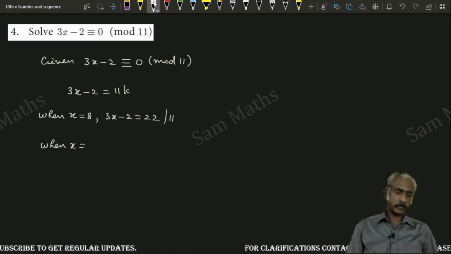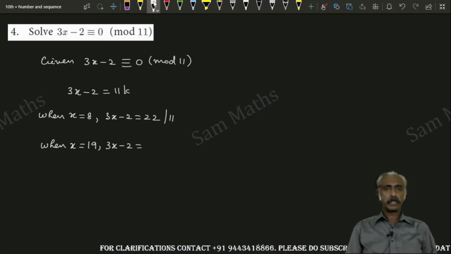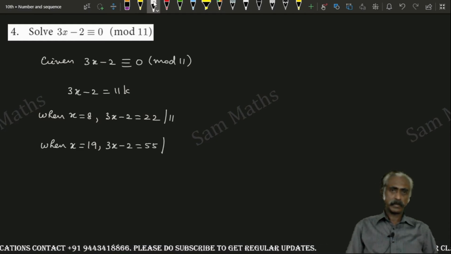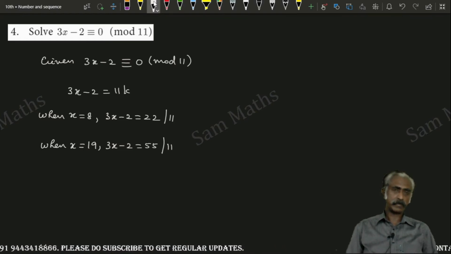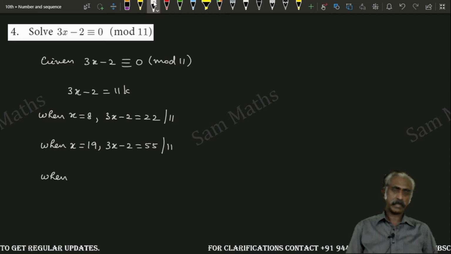When x equal to 19, you substitute 19 in x place, that is 3x minus 2 is equal to 19 into 3, that is 57. 57 minus 2 is 55. This is divisible by 11. So like this you can find the values. So 8 plus 11 is 19. So I can go for the next number easily.